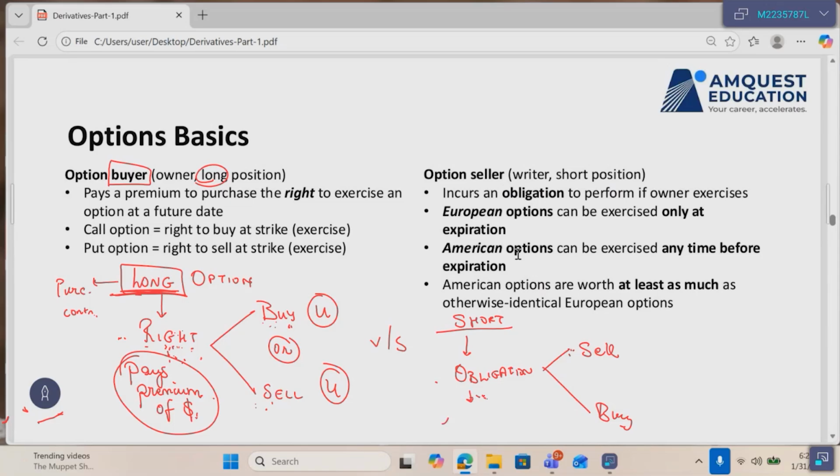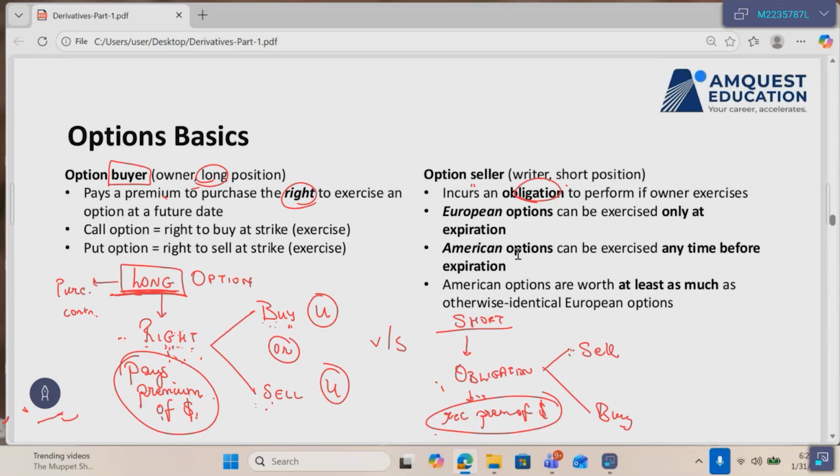Because he received the premium, he already earned the income, so he will satisfy the obligation. This guy is going to pay the premium and will enjoy the right. Are we clear? So in an option, I have a long who's the buyer and I have a short who's the seller. The buyer has the right, the seller has the obligation.